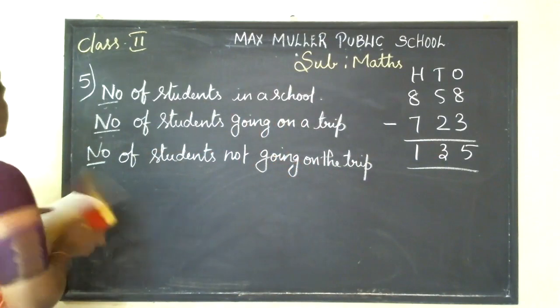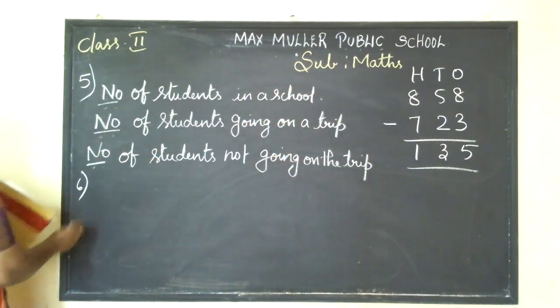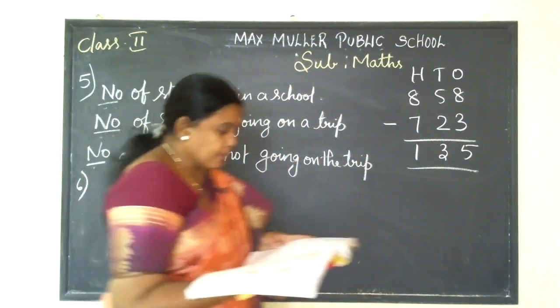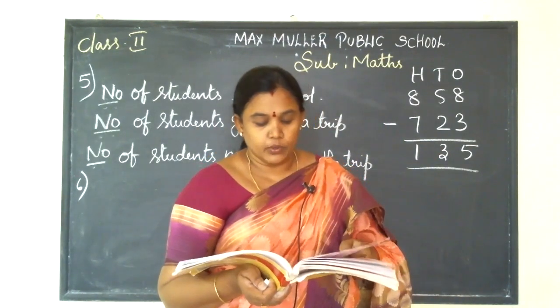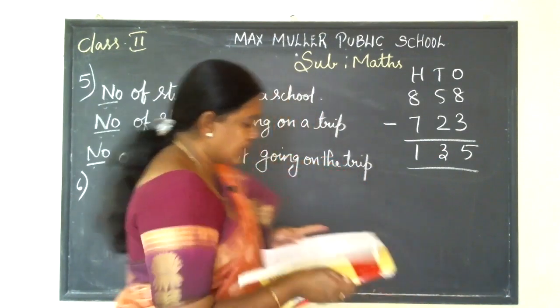Now, sixth one. A shopkeeper bought 836 books. He sold 728 books. How many books were left unsold?